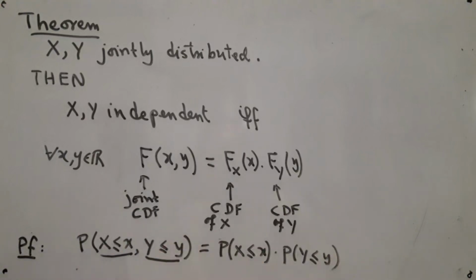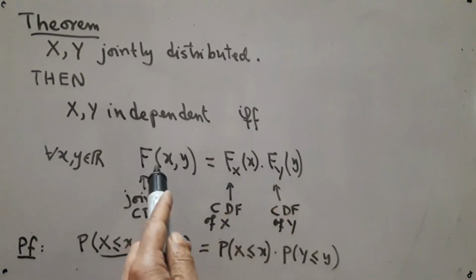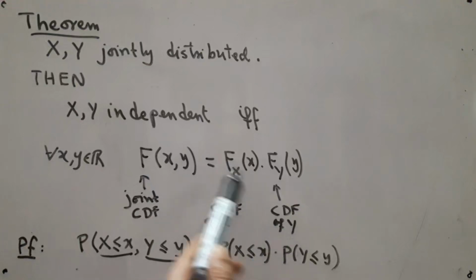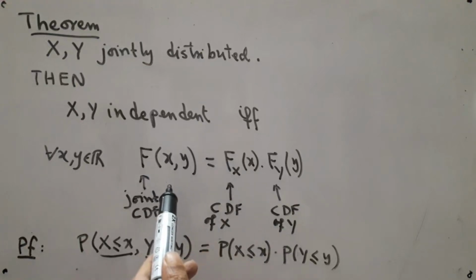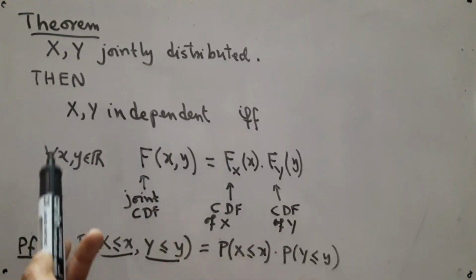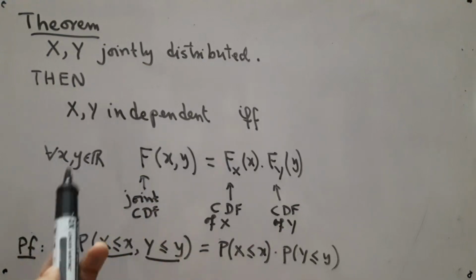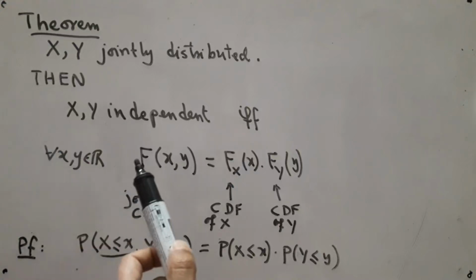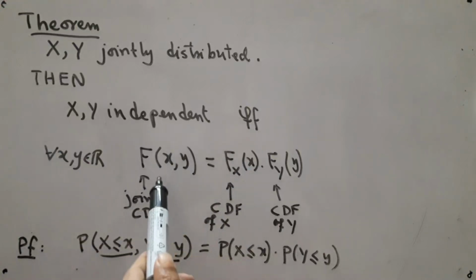Now for the converse, you observe that if this condition holds, then once you have fixed the CDF of X and the CDF of Y, you get the joint CDF. Now we have stated, not proved, that the CDF characterizes the distribution. So once you get the CDF, you get the distribution.